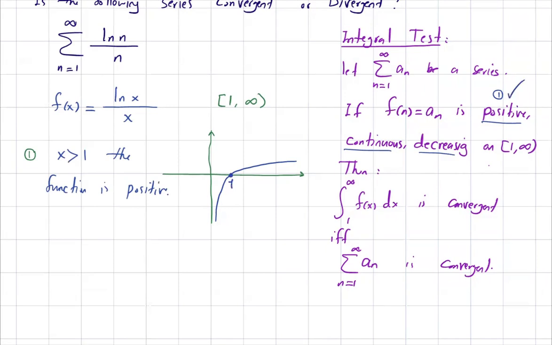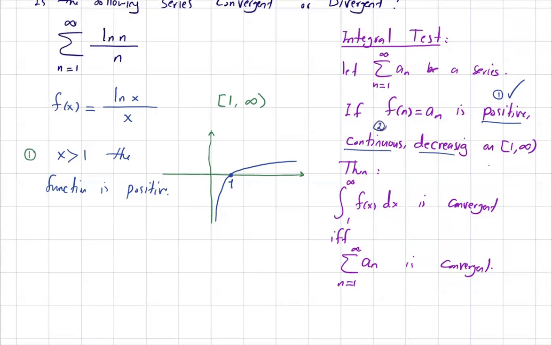What about continuity? Basically, this function has just one vertical asymptote. If you look at the behavior of ln of x, you are not allowed to plug in 0, so the domain is 0 to positive infinity. This is a continuous function. You can check the graph as well.